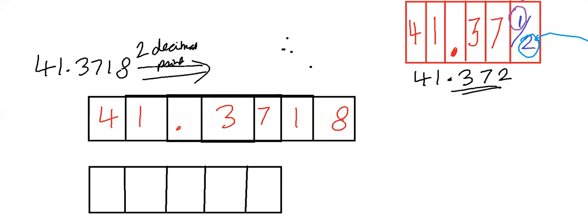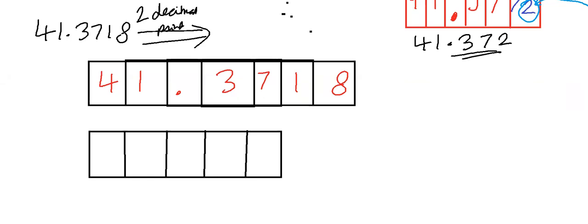Till 2 decimal points, if they have said, then without thinking much, I can very easily write here 41.3. But this last digit depends upon what? Either it will be 7 or it will be 8. And this is decided by which digit?